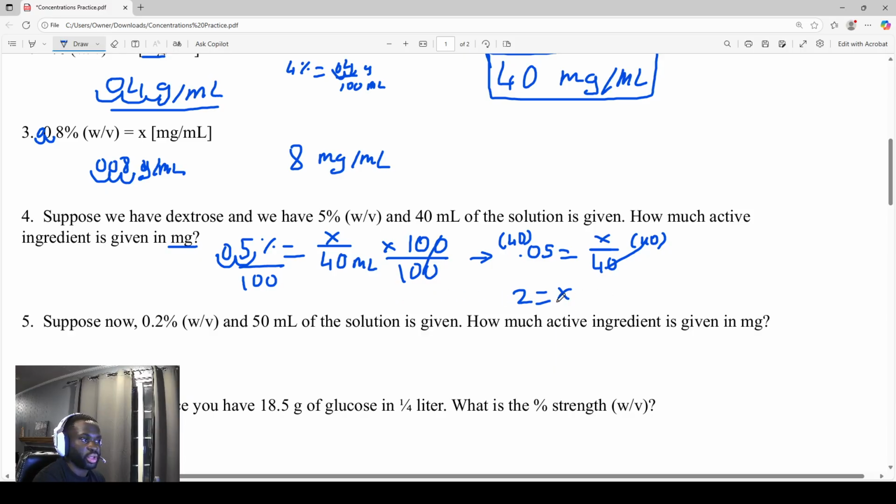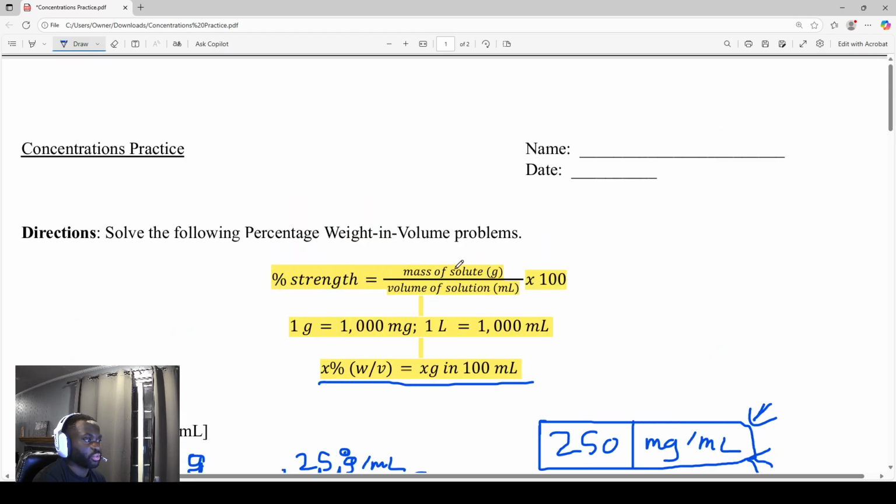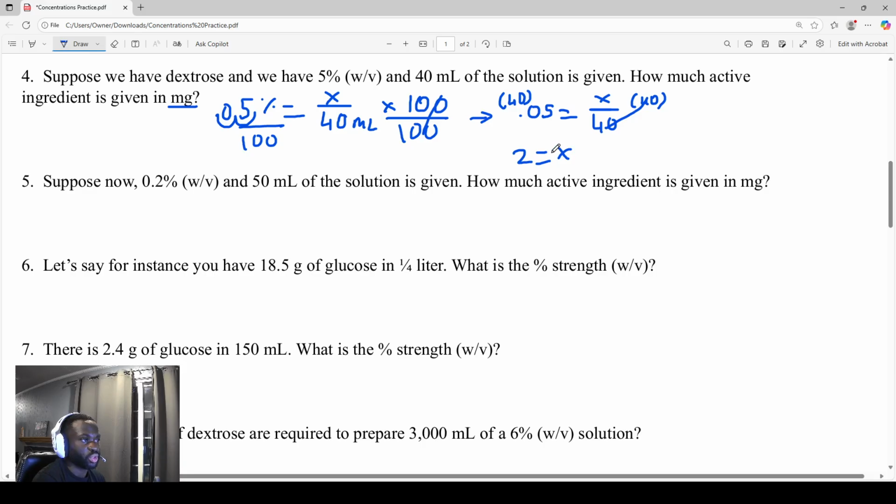And where X was, that's grams. So our answer is going to be 2. So how much active ingredient is given is 2 grams worth, right? But our answer wants to be in milligrams. So what we need to do is multiply 2 by 1,000 to convert it to milligrams. So our answer would be 2,000 milligrams.